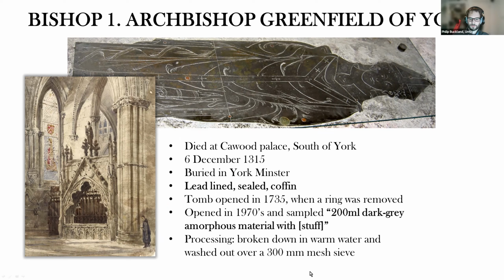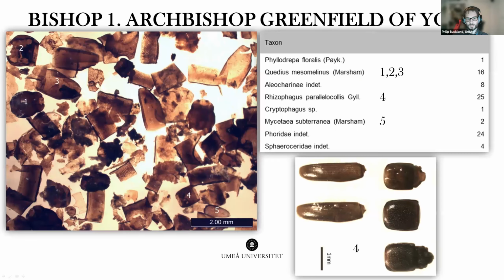That was processed using the standard paleoentomological method. And what my father got out of this was a small assemblage of mainly beetles. I'll tell you a bit more about these in a bit, but here we have the staphylinid head of Quedius mesomelinus, thorax, and an elytron.